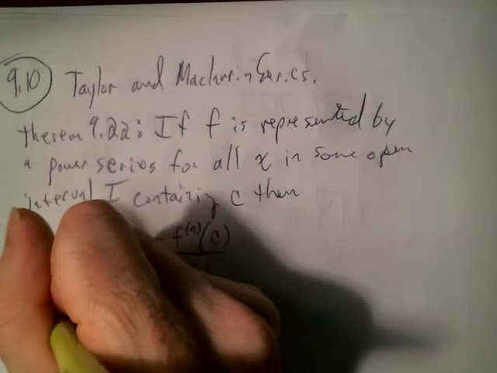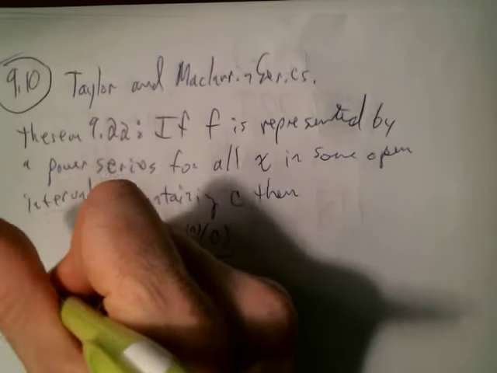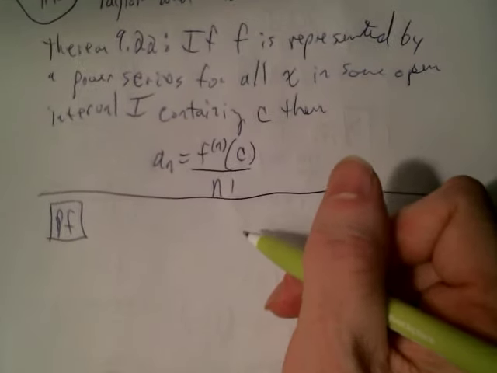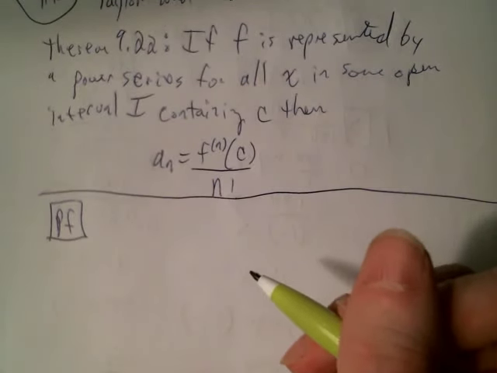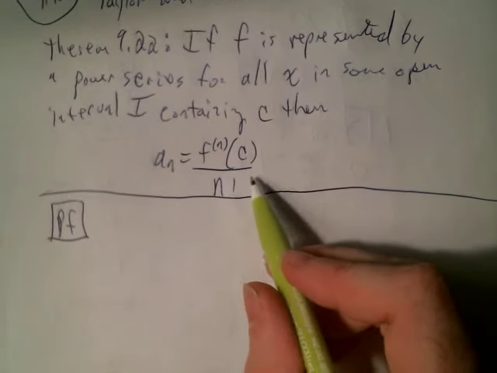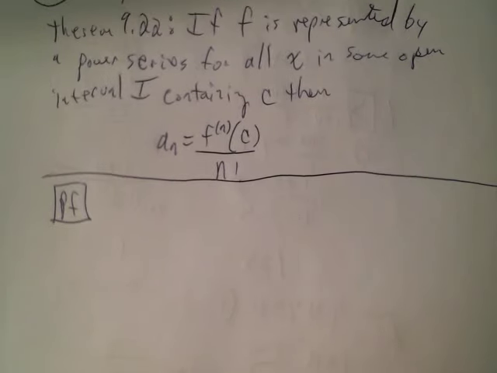And why is that? Well, it's pretty straightforward. Supposing you have a power series representation, we can take its derivative over and over, and then equate the function and its derivatives, and this formula will develop from the system of equations that results.